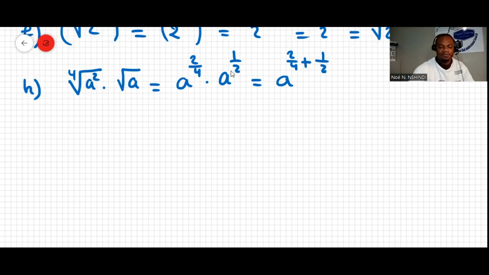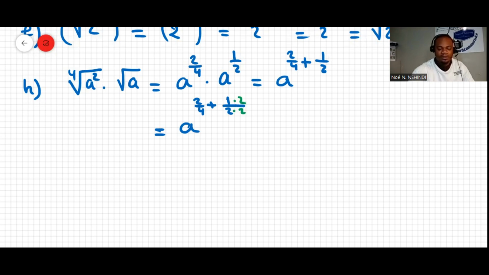So this makes a to the power of 2 over 4 plus a half. Instead of writing a half, to change it into 4, I times here by 2, I times here also by 2.